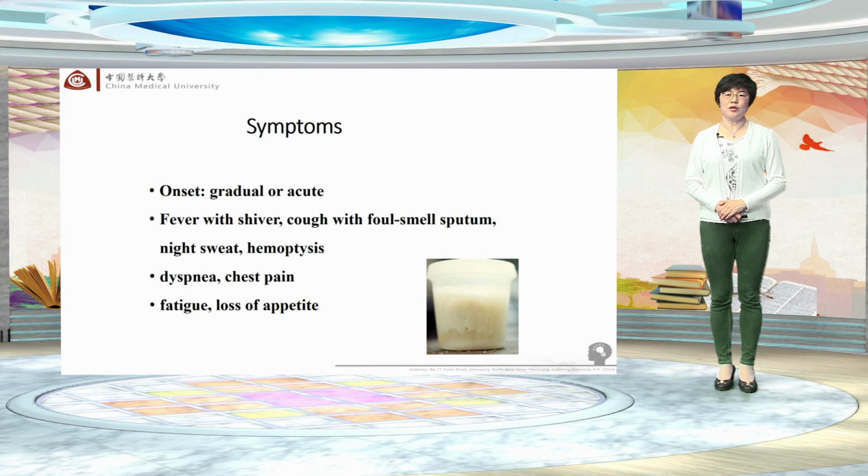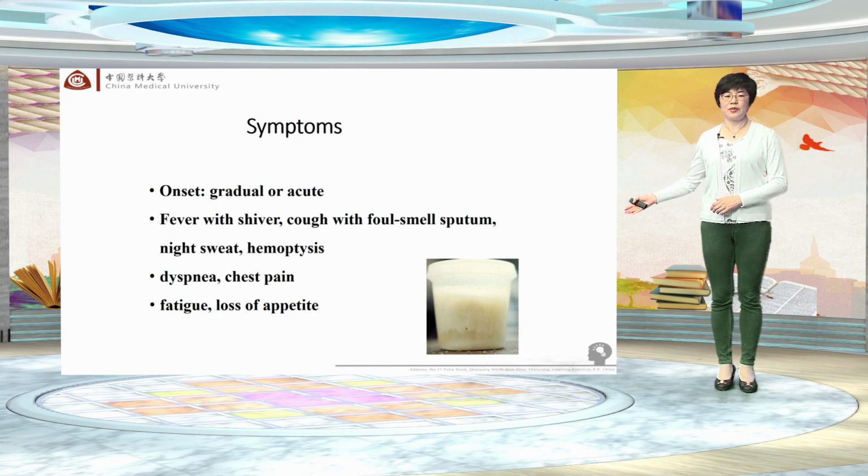So what are the clinical manifestations of this disease? First, symptoms. For this disease, the onset could be gradual or acute. Usually, the patients have fever with shiver, cough with a foul-smelling sputum. Also, some of the patients have night sweat, hemoptysis.